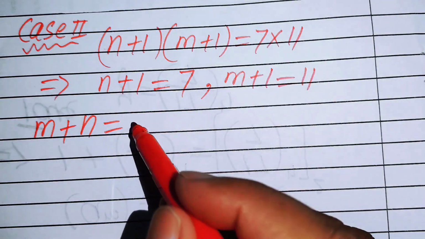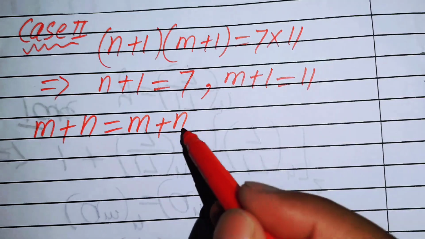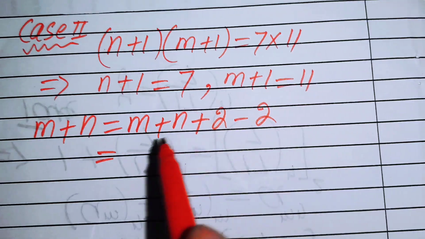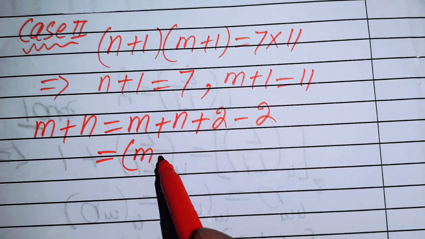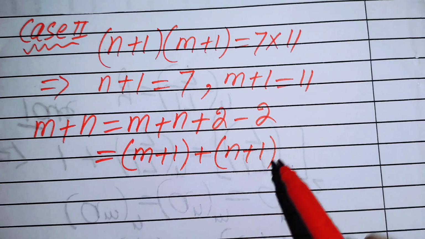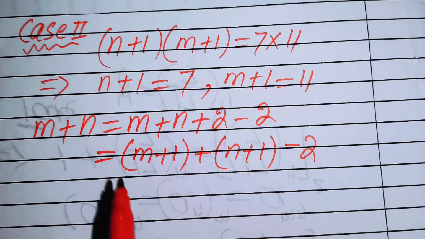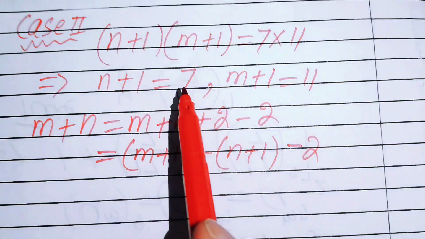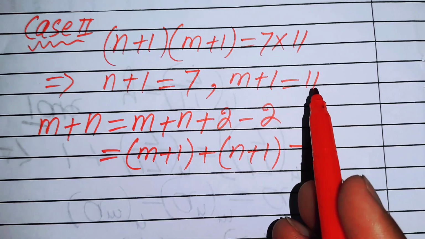Because our aim is to find the value of m plus n, I can repeat the above process again. You write m plus n, plus 2 and minus 2, and we group this as m plus 1 plus n plus 1 minus 2. According to the second case, the value of n plus 1 is 7 and m plus 1 is 11.